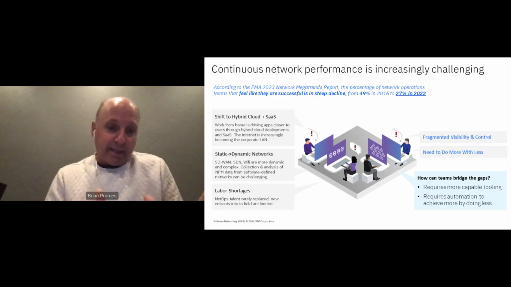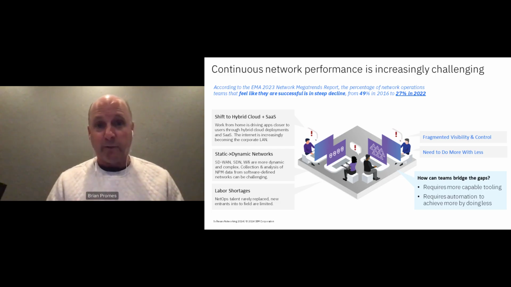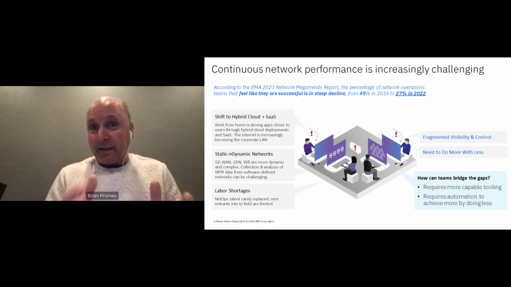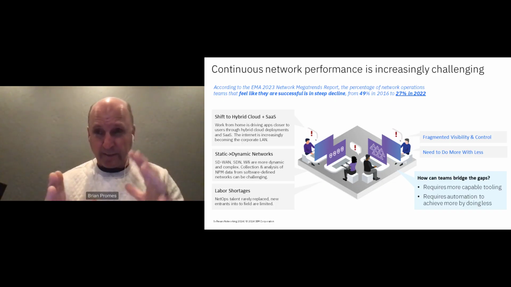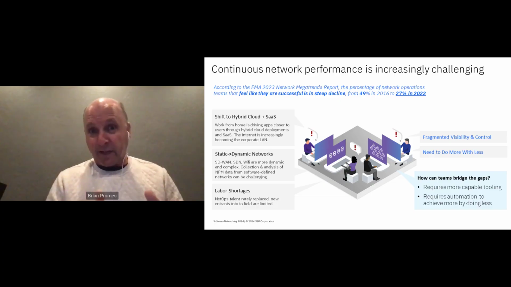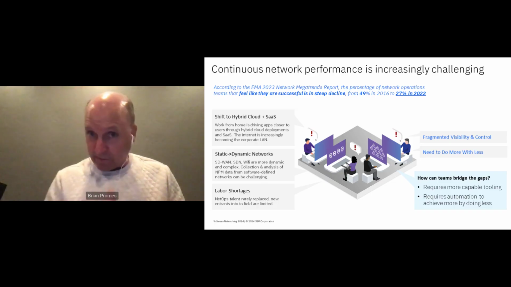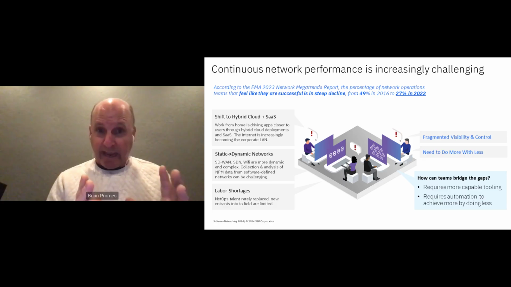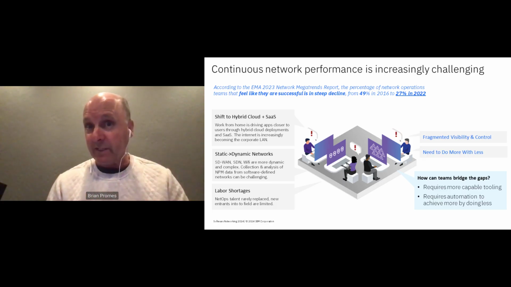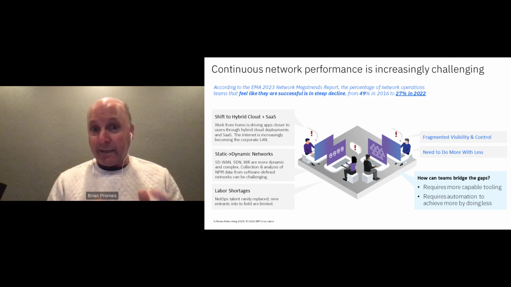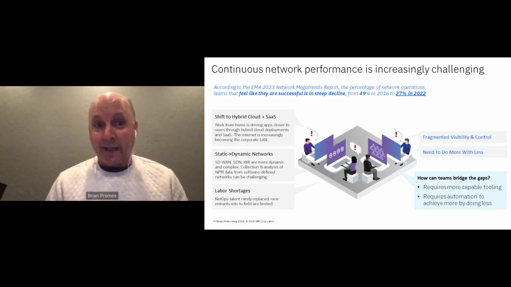They can't always see everything they're working with, and they have a difficult time dealing with the demands on them and the need to do more with less. And it's driven the SevOne team here. What we're going to talk about today is how you can take advantage of more capable tooling to deal with some of that fragmented visibility and control, and the ability to use automation to achieve more by doing less.